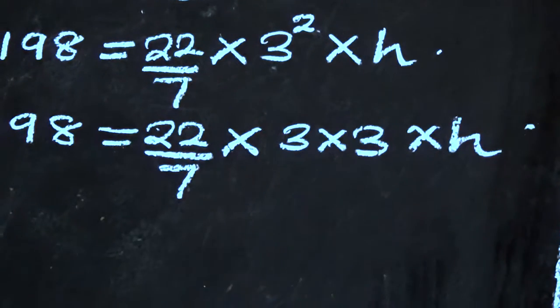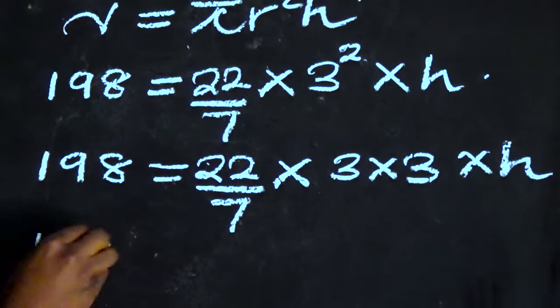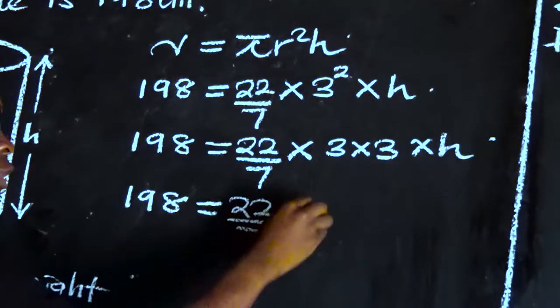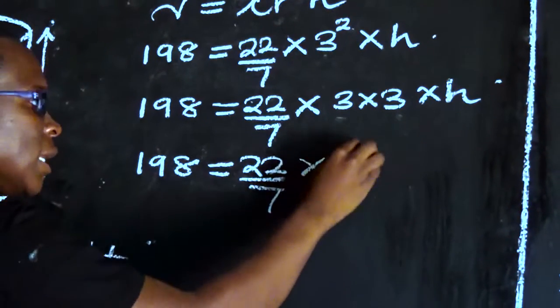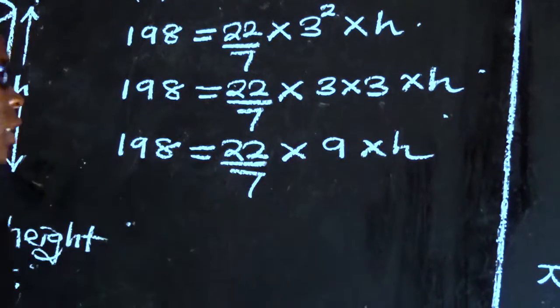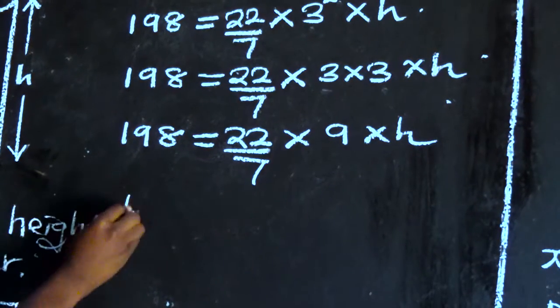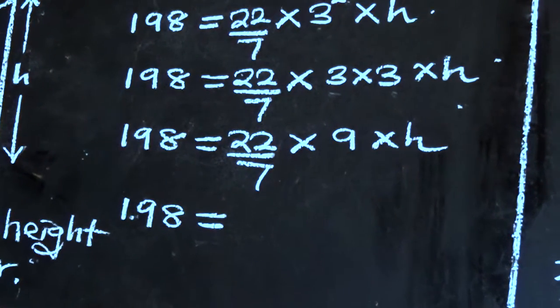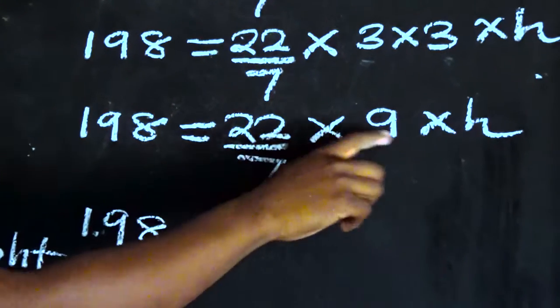Are we together? So 198 is equal to 22/7 multiplied by 3 times 3, 9, times h. Are we together? Yes. Then you say 198 is equal to, can I multiply? Okay? 22 times 9, you get what?